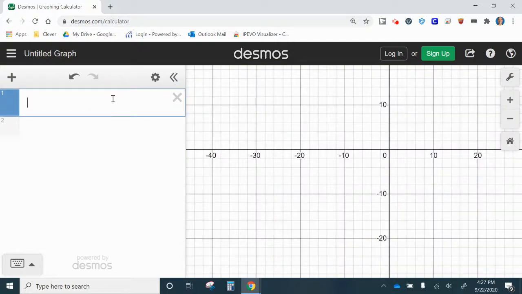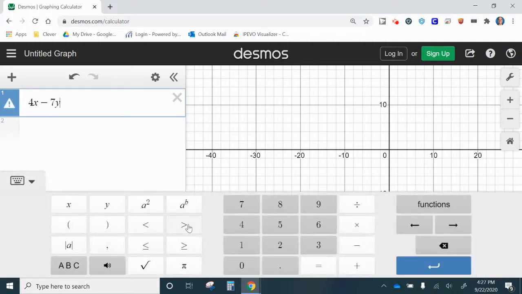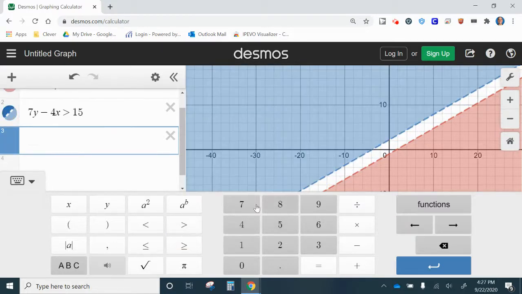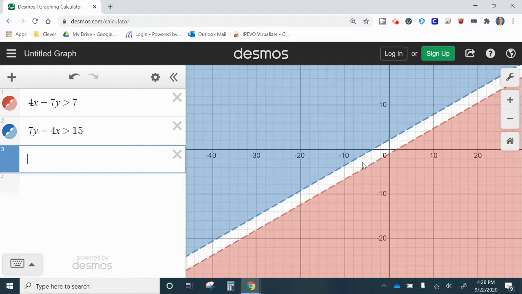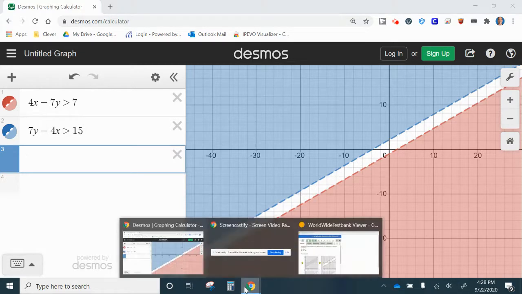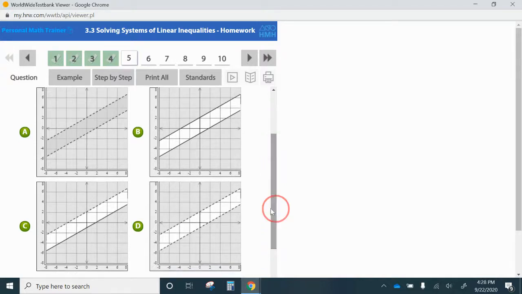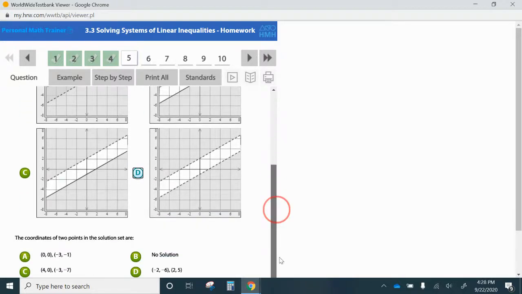Now we're going to type in 4x minus 7y greater than 7, and 7y minus 4x greater than 15. All right, so we see here we're looking for the one where they don't overlap. And they're both dashed lines, so the answer is D. And this has no solution because there's no overlapping region.